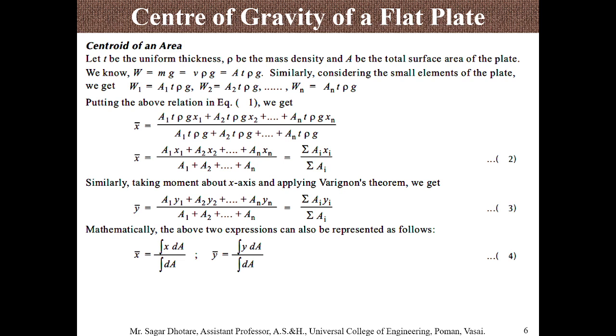Similarly, for the centroid of an area, let us consider a plate of uniform thickness t with mass density rho of that material, and A is the total surface area of the plate. Weight is nothing but mass into gravity, m into g.